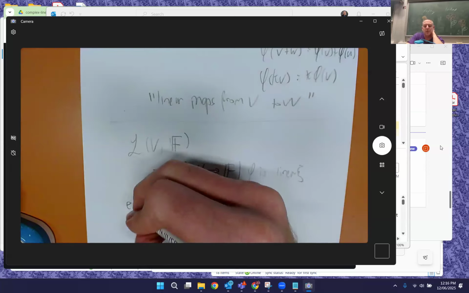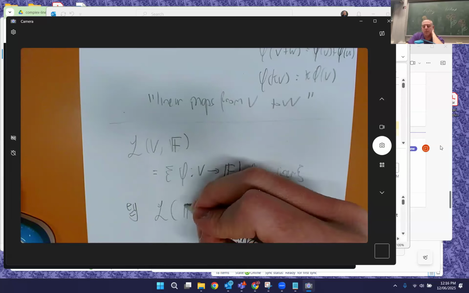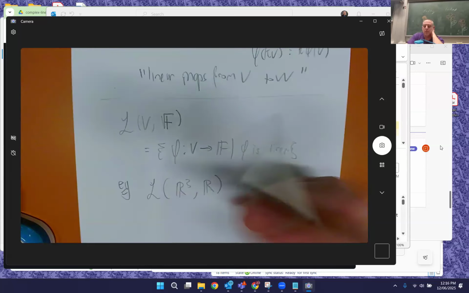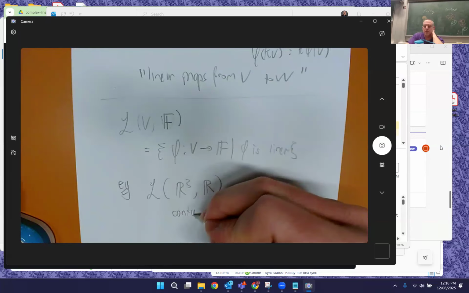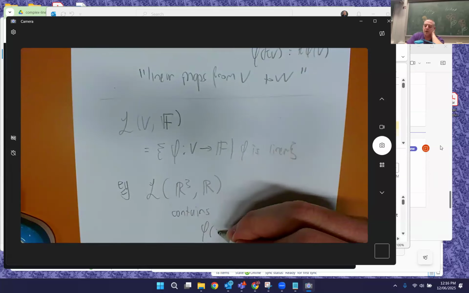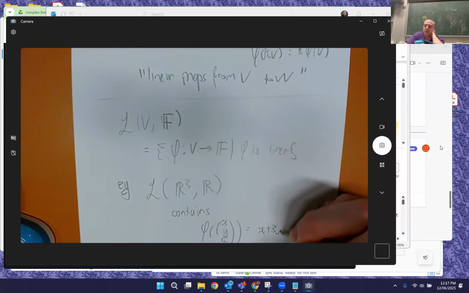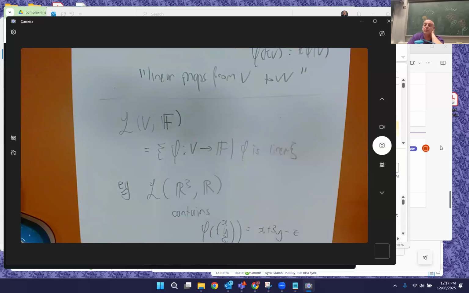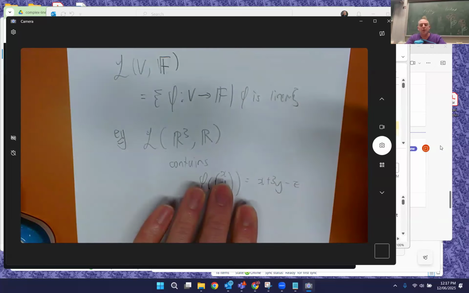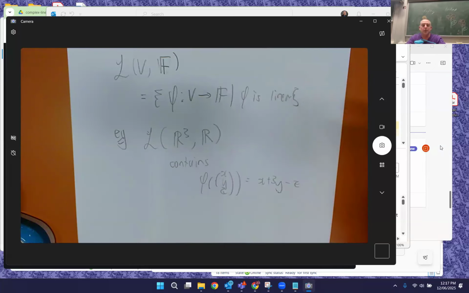So just as an example, this would contain, for example, phi of x, y, z is x plus 3y minus z. That's a perfectly good linear map from R3 to R. Okay, cool.